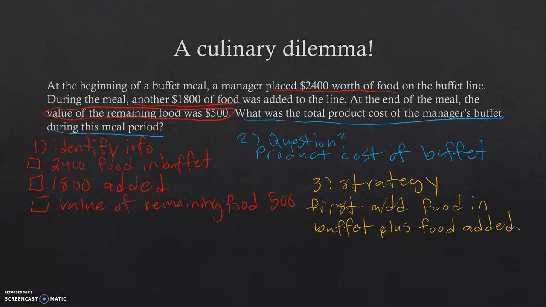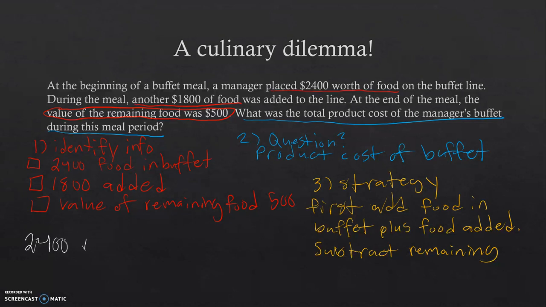And then our final step would be to subtract remaining. So once you write down your strategy, problems become a lot easier. And as you can see, this huge problem is actually much easier than we think.